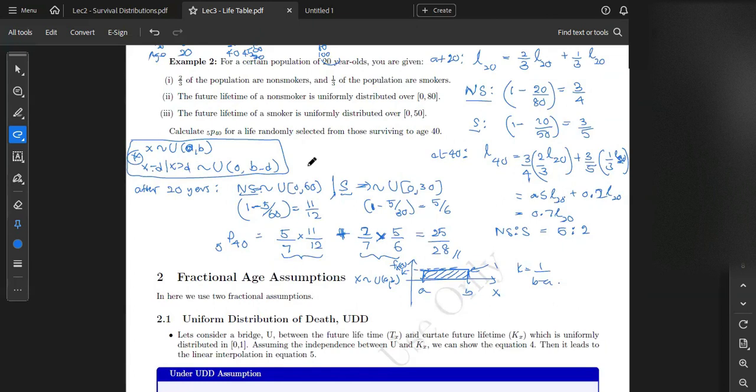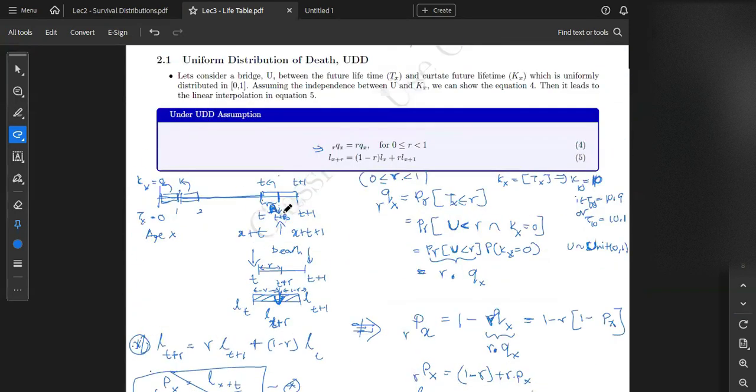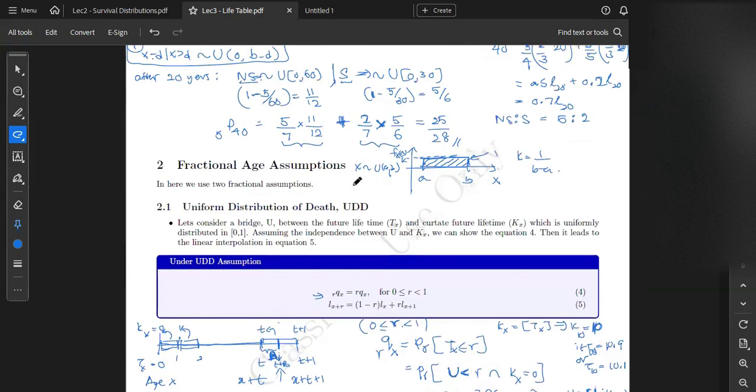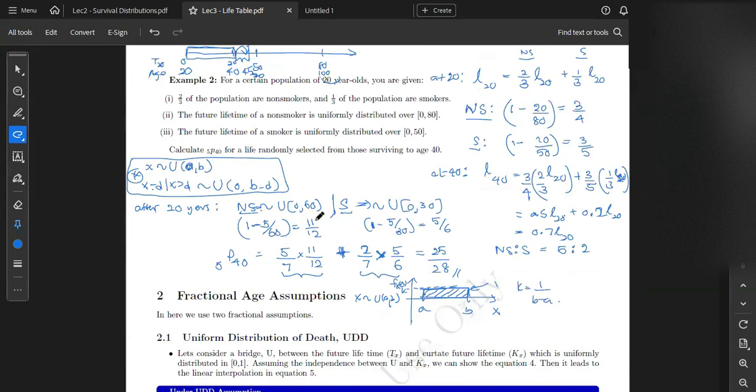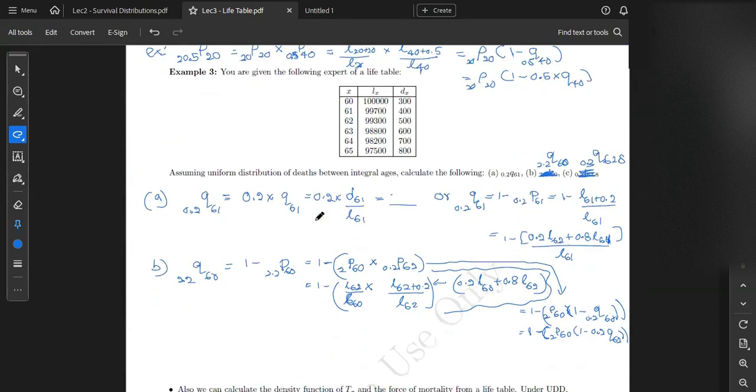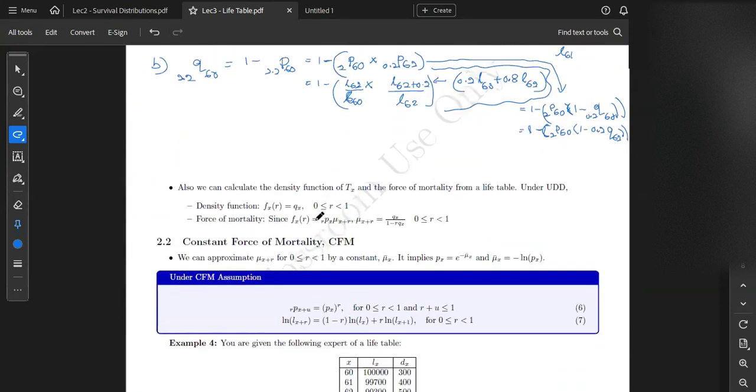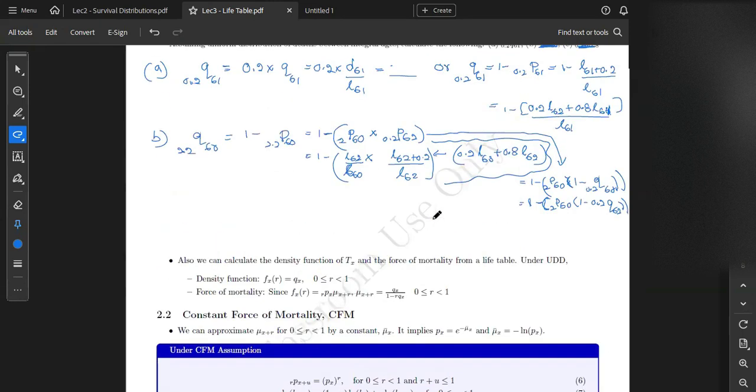We just want the lifetime ahead. So in both cases, we have the uniform distribution. So you don't need to worry about S. You can just go with R because the conditional distribution is also a uniform distribution. So that's how we can use these things.